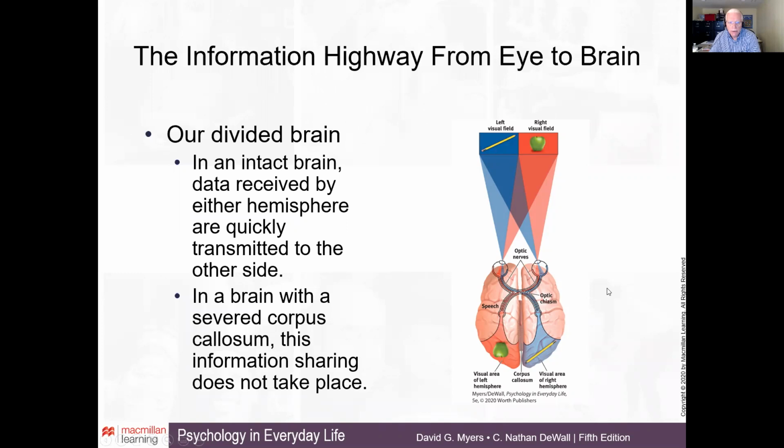Taking this diagram as an example, something that appears in your left visual field eventually shows up in your right occipital cortex, whereas something that appears in your right visual field eventually shows up in your left occipital lobe, where your visual cortex is, because of course the left side of the body is controlled primarily by the right hemisphere of the brain, and the right side of the body is controlled by the left hemisphere of the brain.